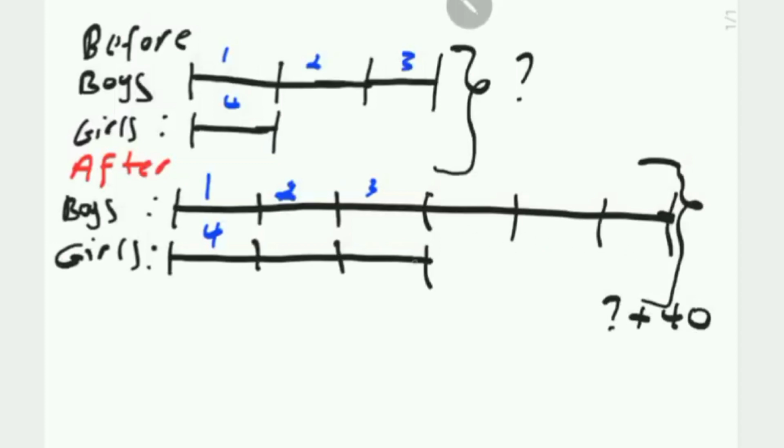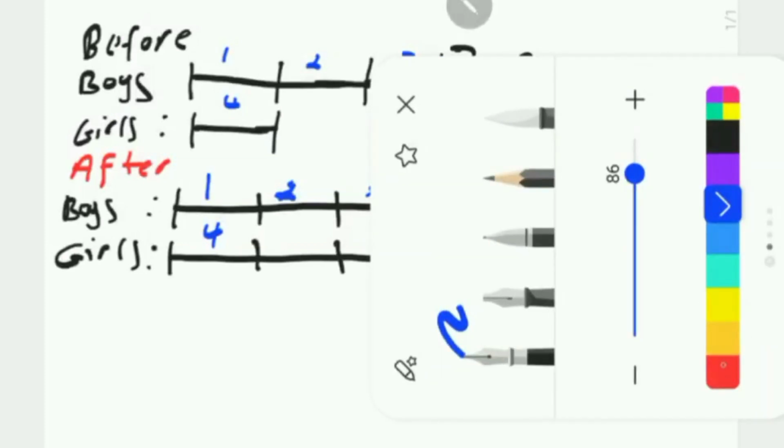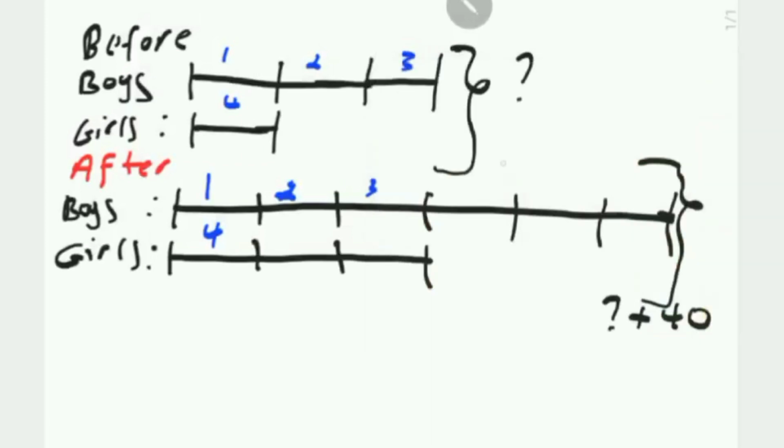You realize that we had 3 more units joining the boys after 40 joined, and the girls 2 more units joined. So from this, we can conclude that the 3 units left in the boys plus the 2 units left with the girls is equivalent to the 40, because this change happened when 40 was added to the members which we don't know.